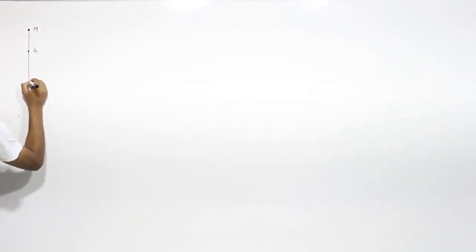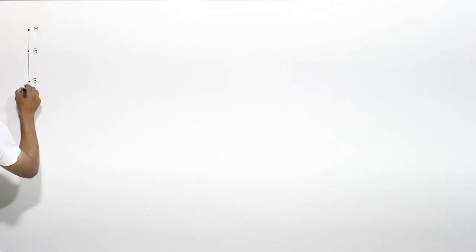Let us suppose this is the line. Let us say this is the point M, that is the metacenter. Here is your center of gravity, and here is your center of buoyancy.